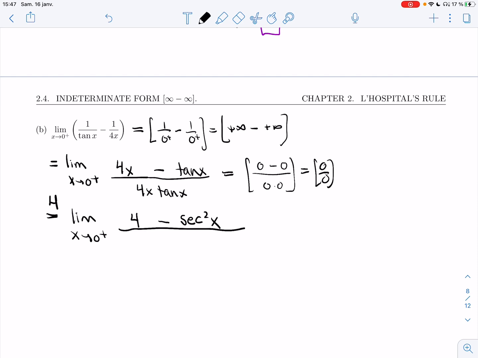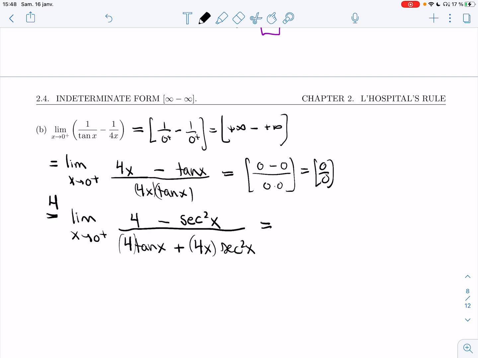Don't forget to square. Yep, secant squared. And then here I need a product rule. I'm going to get, well, 4x, that gives you 4, and then I'll leave tan of x, and then I'll leave 4x. So I have these two products. Tan is secant squared. All right, this is what I get.